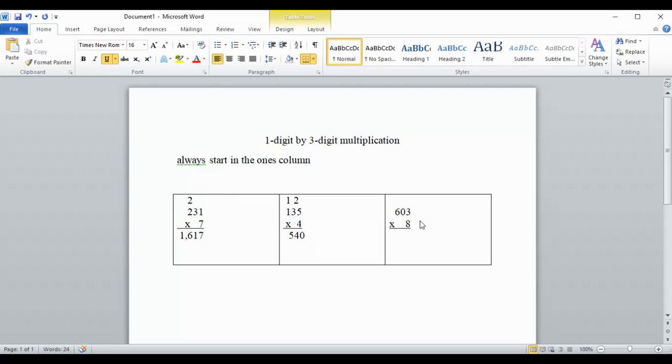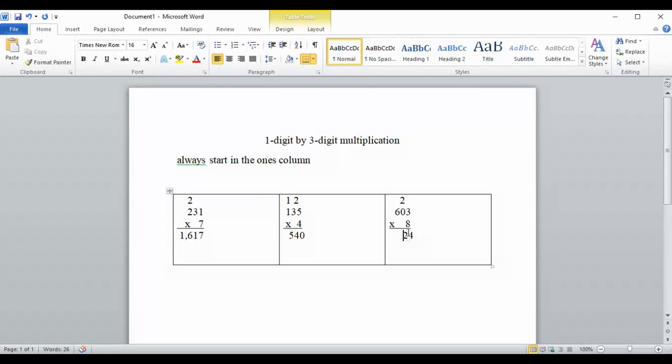So we're going to put the 4 right here, and we are going to carry the 2 right here. And then we're going to say 8 times 0, which is 0. And then add the 2. So we end up with a 2 right here.